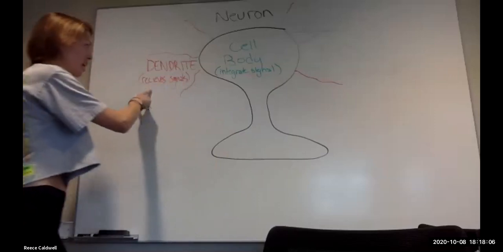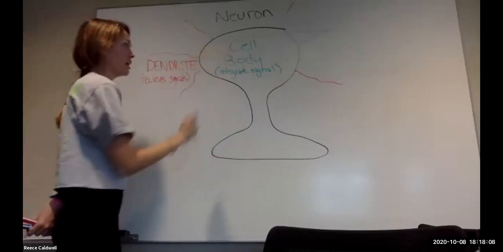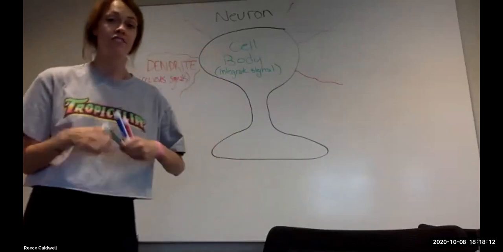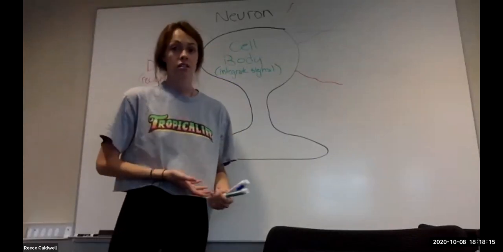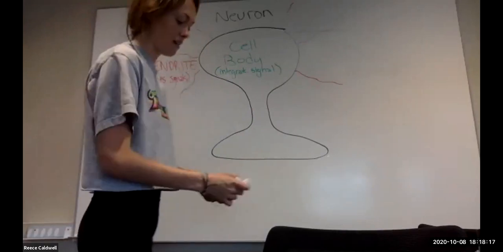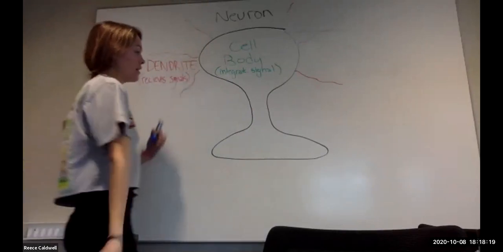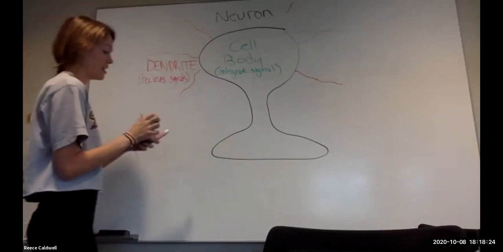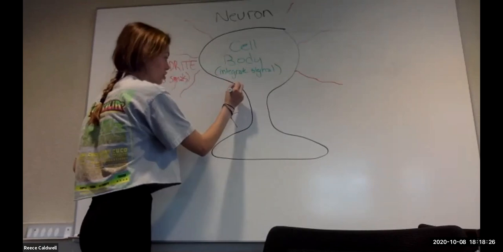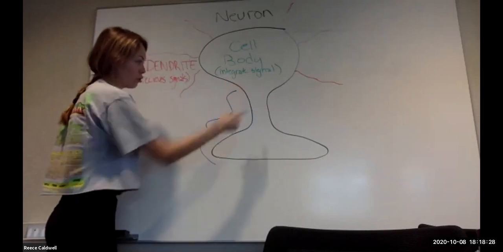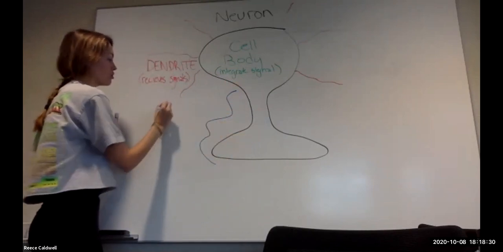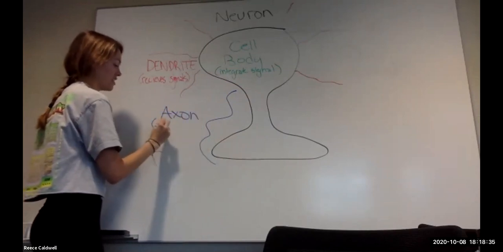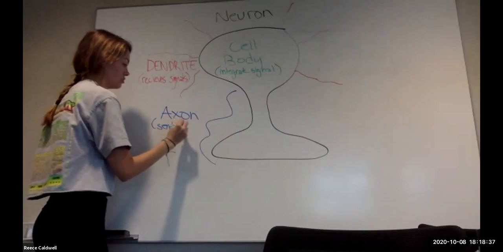So the dendrite receives the signal, the cell body integrates the signal, decides what to do with it, decides if it's actually strong enough to send an impulse to the brain. If it's strong enough, it's going to send the signal down this whole structure right here, called the axon. The axon sends a signal.